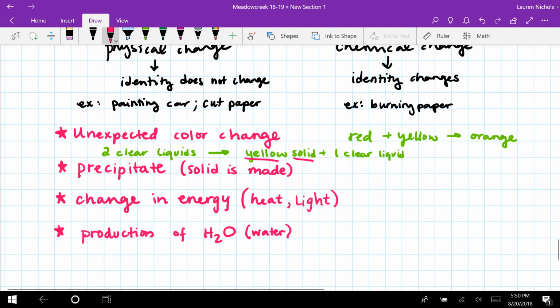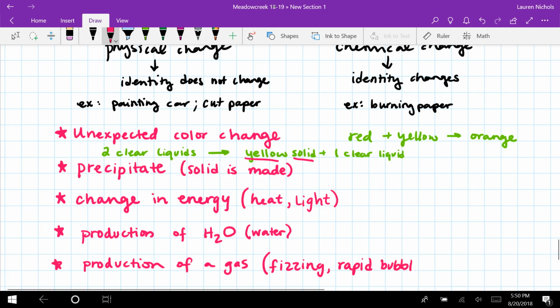Now, you might not always see this unless you're looking at the chemical equation of what is occurring. And then the fifth one is the production of a gas. So creating a gas where there was not one. Oftentimes this looks like fizzing, rapid bubbling.